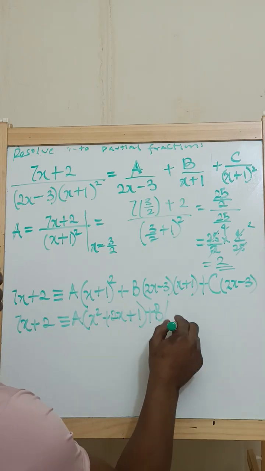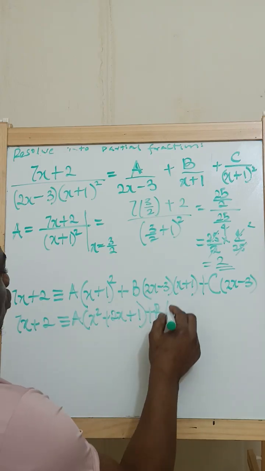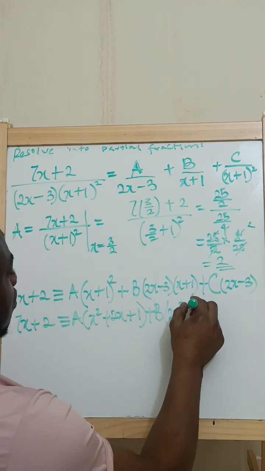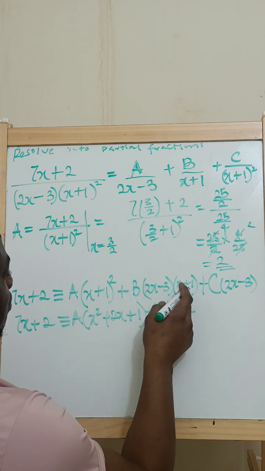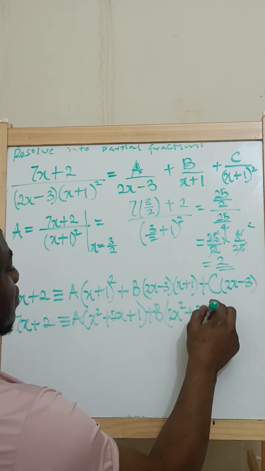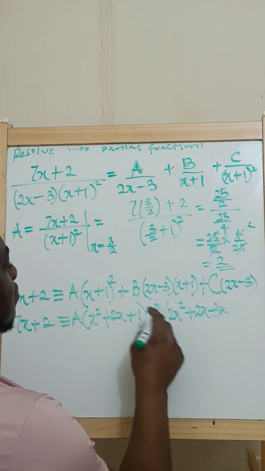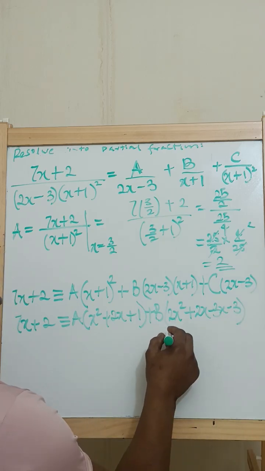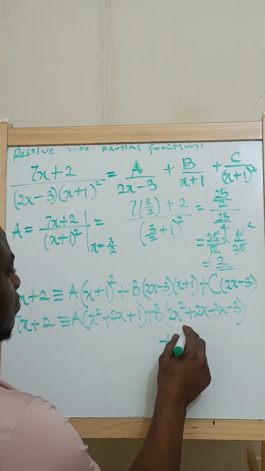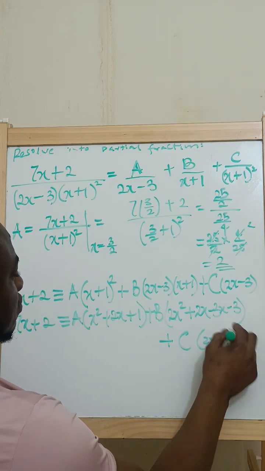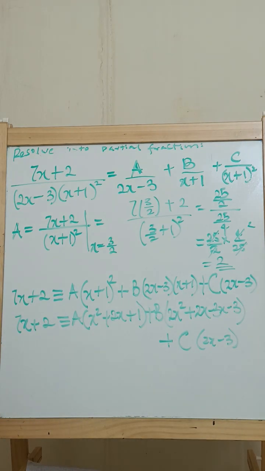Then B: multiply 2x minus 3 with x plus 1, that will be 2x squared, 2x times 1 that will be 2x, then minus 3 times x, minus 3x, minus 3 times 1, that will be minus 3. Then the third one, C, times 2x minus 3.